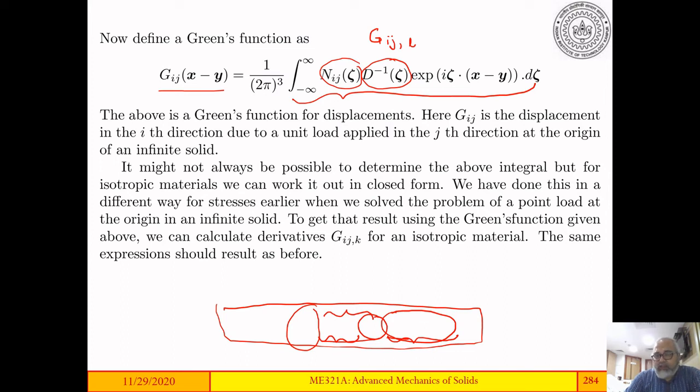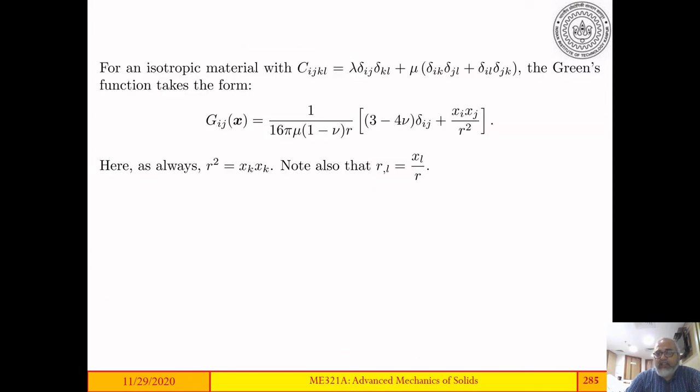We can replace it here and find the Gijkl to be this, which is the same as what we had found earlier. Remember, r square is xk and r comma l is xl by r.